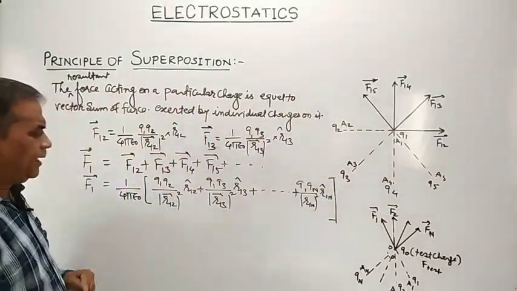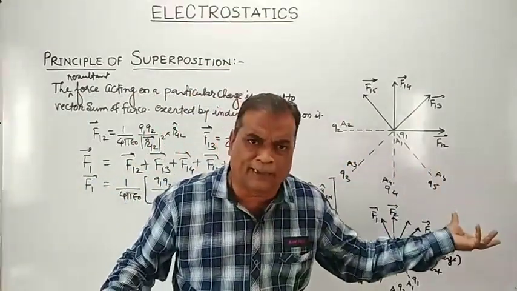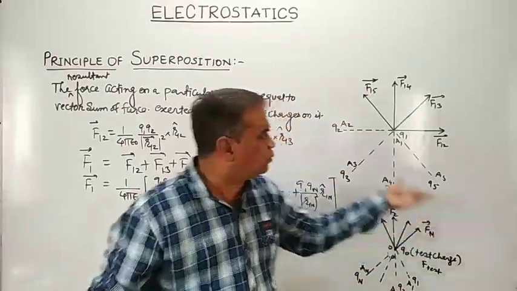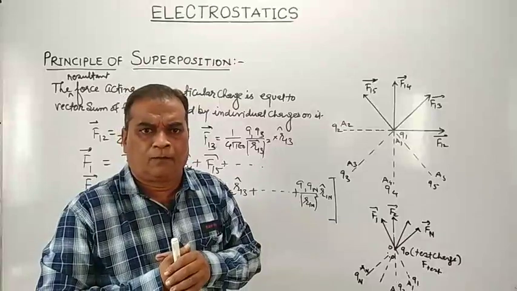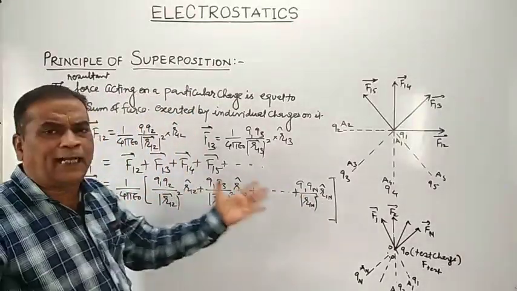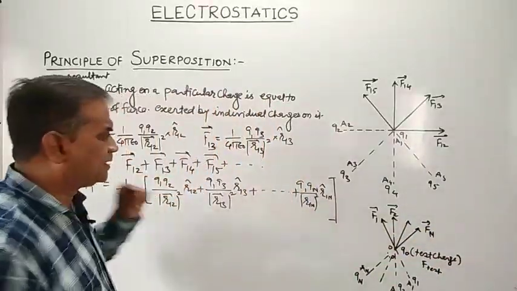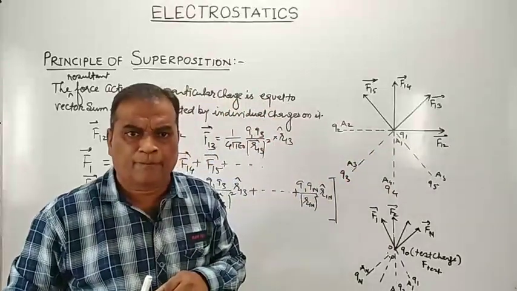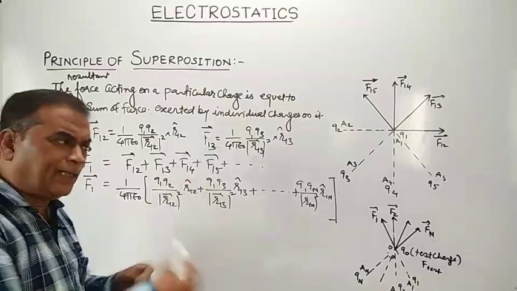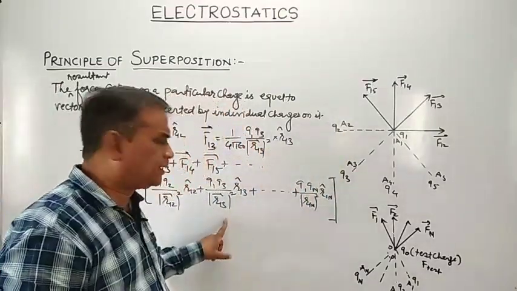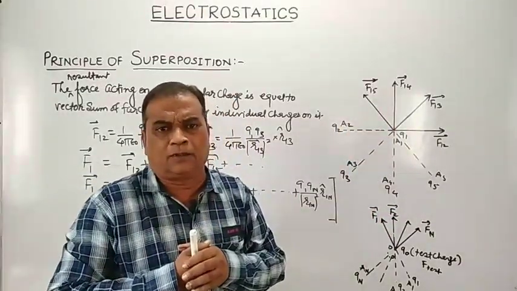Remember here R12 cap, R13 cap, R14 cap, R1n cap are the unit vectors directed to Q1 from Q2, Q3, Q4 and Q5, while R12, R13, R14, R1n are the distances between the charges. R12 is the distance between Q1 and Q2, R13 is the distance from Q1 to Q3, R14 the distance from Q1 to Q4.